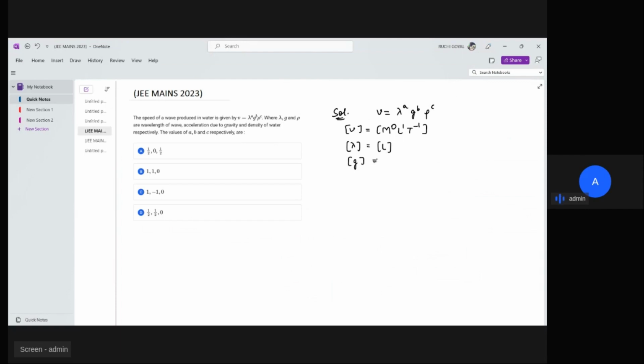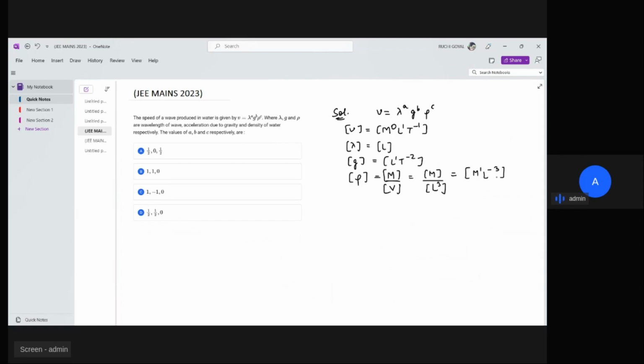So it is same as acceleration. It will be L1 t minus 2. And what are the dimensions of density? Density is mass upon volume. So mass and volume will be L cube, right? So what are the dimensions of density? m1 L minus 3. Okay.